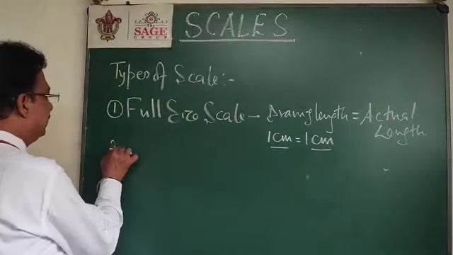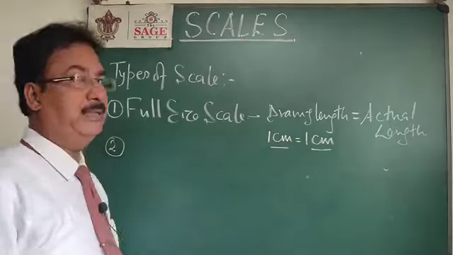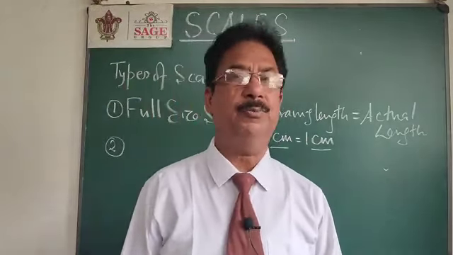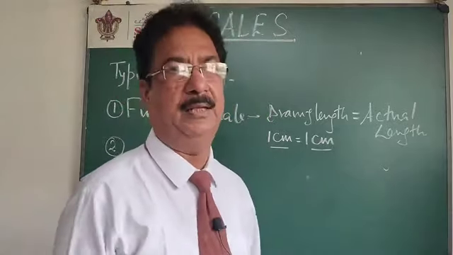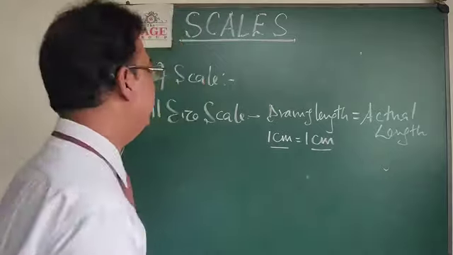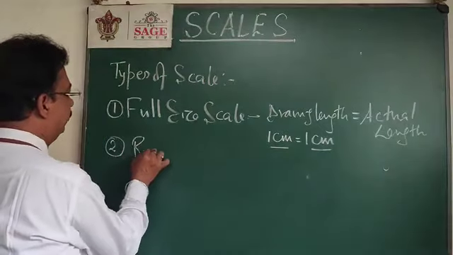But as earlier we discussed, suppose as a civil engineer I want to draw a drawing of any given building. It is not possible for me to draw on the full size scale. So I am going to reduce the length of the object. That type of scale is known as reducing scale.